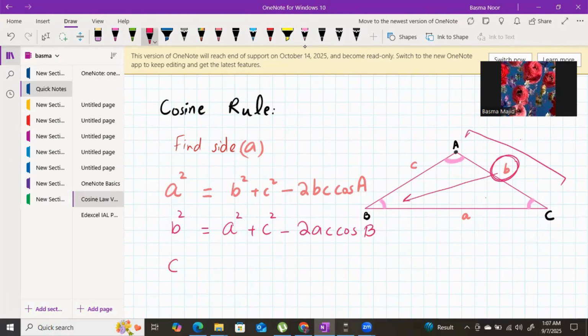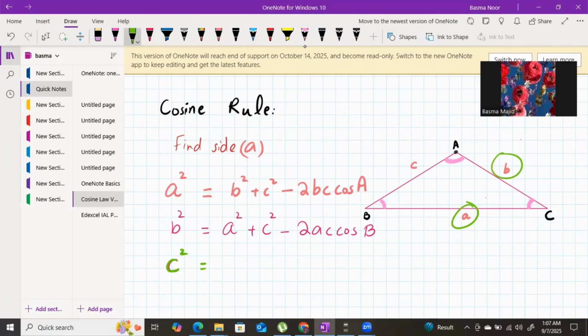Similarly, if we go with side c, the square of c equals the sum of the squares of the other two sides, which are now a and b.